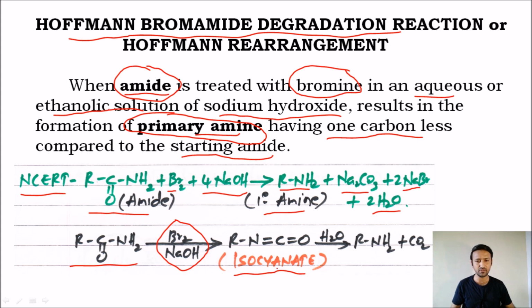So we get formation of an intermediate, isocyanate, which can be written as R-N=C=O. Once isocyanate is formed, the next step is hydrolysis. Hydrolysis of isocyanate forms the primary amine, and the carbon is lost in the form of carbon dioxide. In this way we can convert an amide into an amine. This is about the reaction, and remember the intermediate obtained in this reaction is isocyanate.